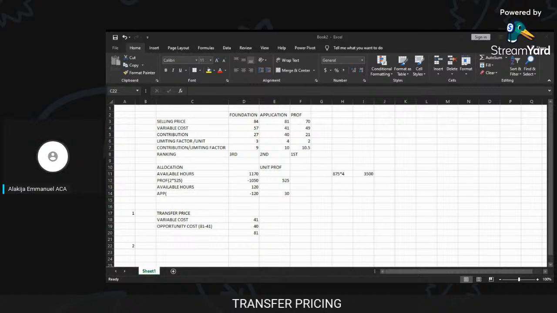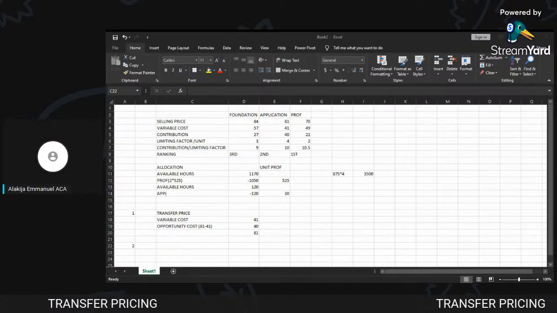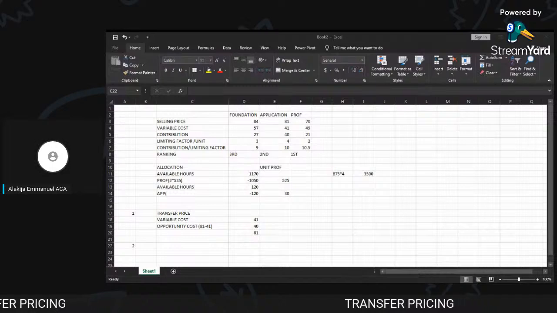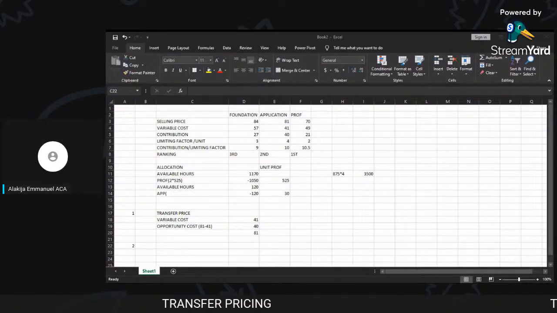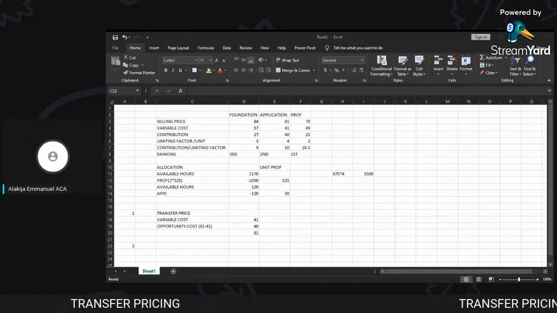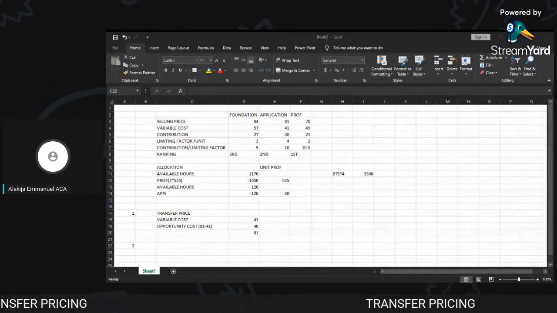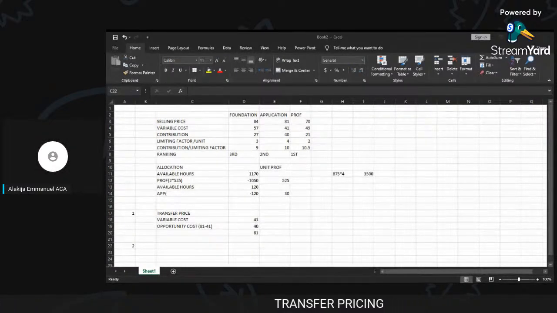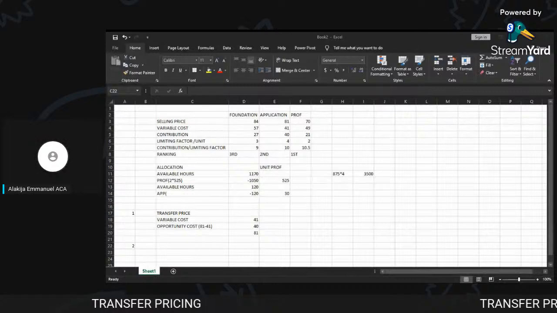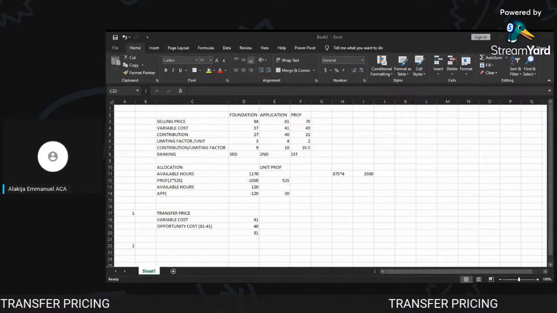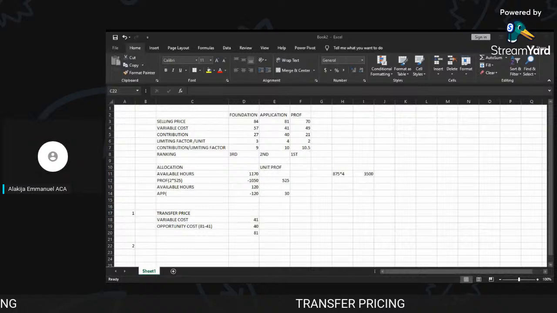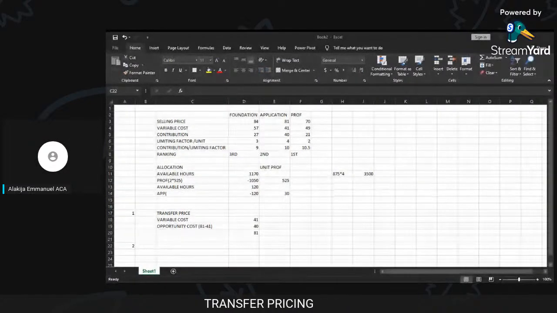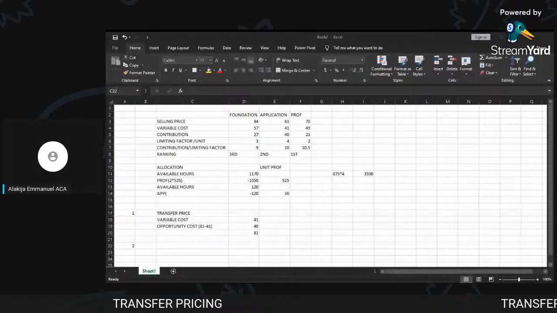And having tested for the limiting factor, we noticed that we were given directly that labor is a limiting factor. After which we did our contribution. Normally, we get our limiting factor per unit, and we move on to calculate our contribution per limiting factor. After that, we ranked, then we did the allocation.